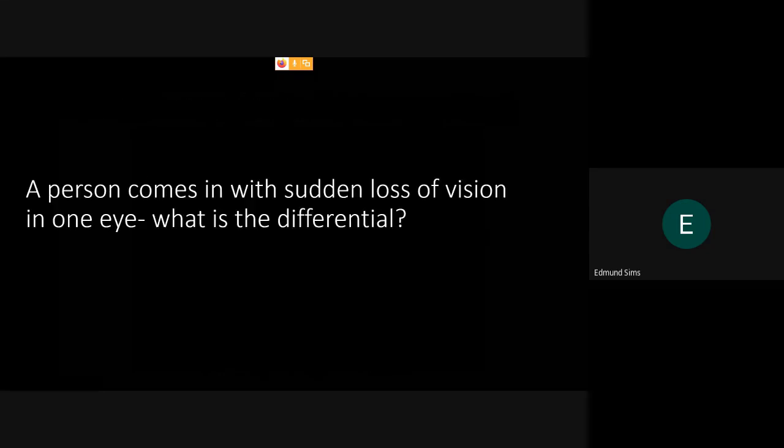Okay, a person comes in with sudden loss of vision in one eye. What's the differential? You can either say it or put it in the chat, whatever's more comfortable for you. Okay. Yep, sudden loss of vision could be... If I said it was persistent sudden loss of vision, what could it be?